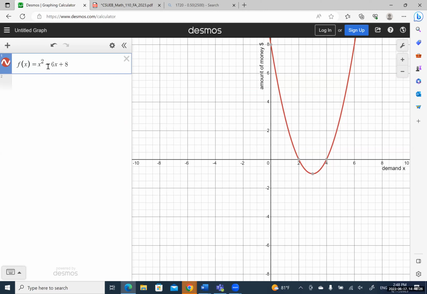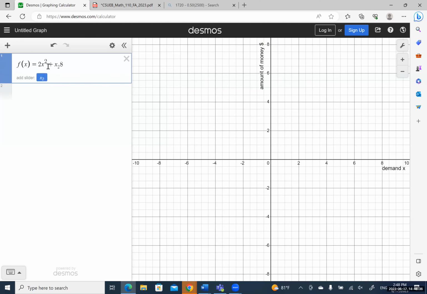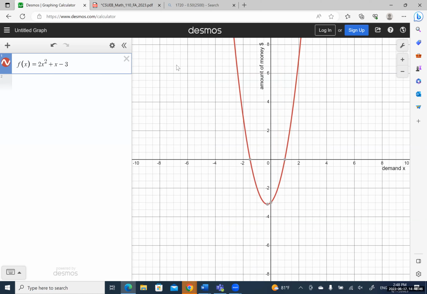I have 2x squared plus x and then minus 3. Okay, so I have the 2 zeros, the intercept points, right, at negative 1.5 and 1 there.